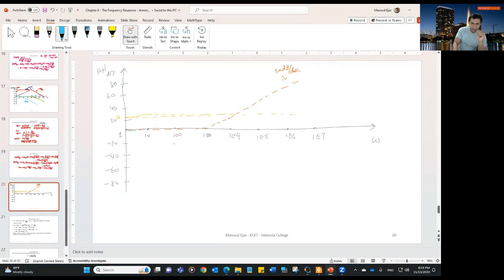So at 100, it's going to be negative 40. The slope of this is going to be steeper. And the last one is going to 100, and it's going to drop 20 decibel per decade.